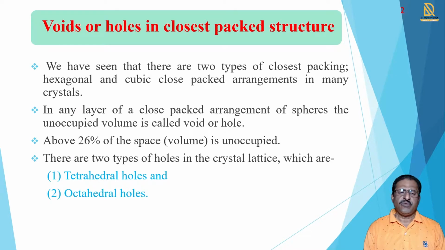Nearly 26% of the space is unoccupied, and this unoccupied volume is called voids. There are two types of voids or holes in the crystal lattice depending upon their shape. The first type is the tetrahedral void or hole, and the second type is the octahedral hole.